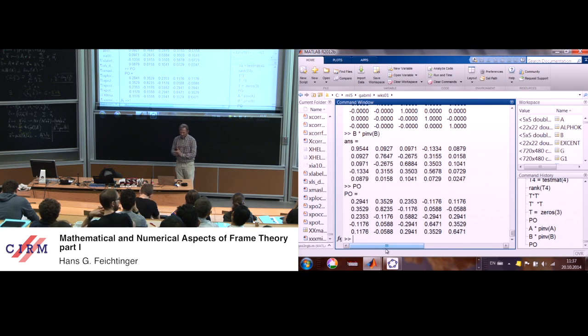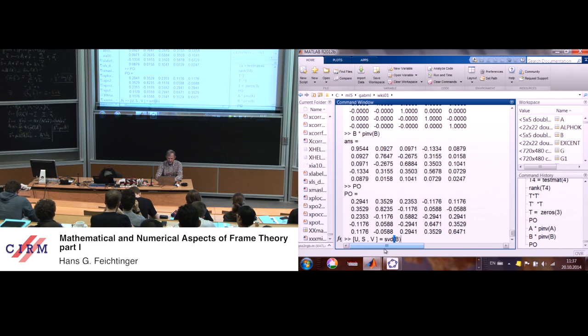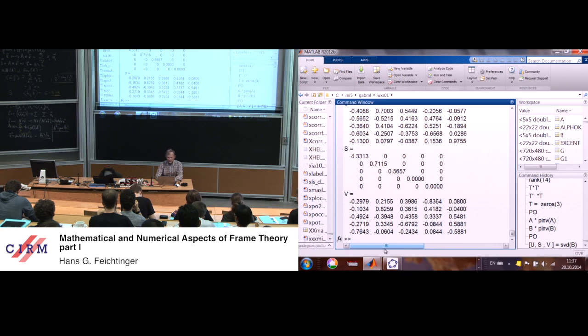Now, maybe the next thing I would like to mention is the singular value decomposition. So of course, if you are doing U S V is SVD of B, then you can see that in this case you are getting this well-known factorization of a matrix.